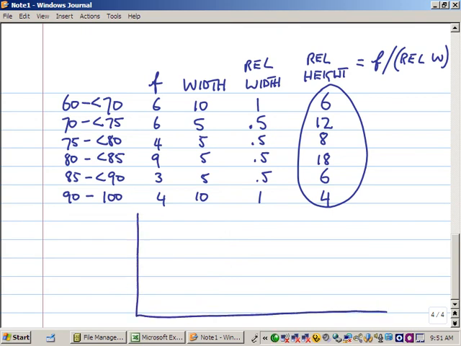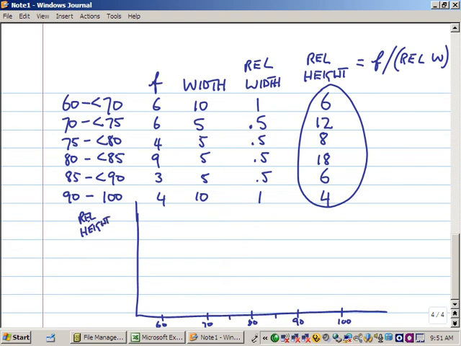And I don't have a whole lot of room here. Again, 60, 70, 80, 90, 100. And of course we'll have midpoints in there. Then we want the relative heights, not the frequency.